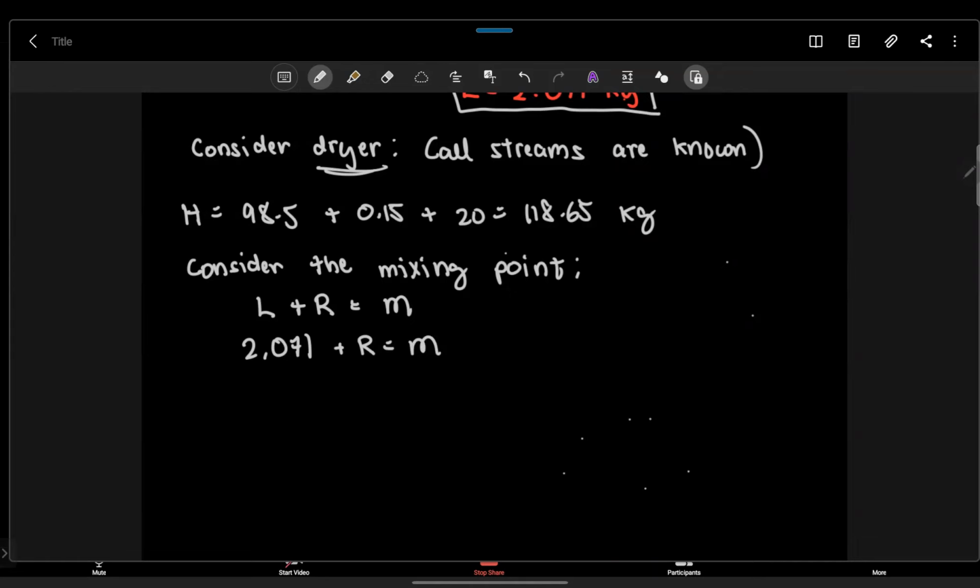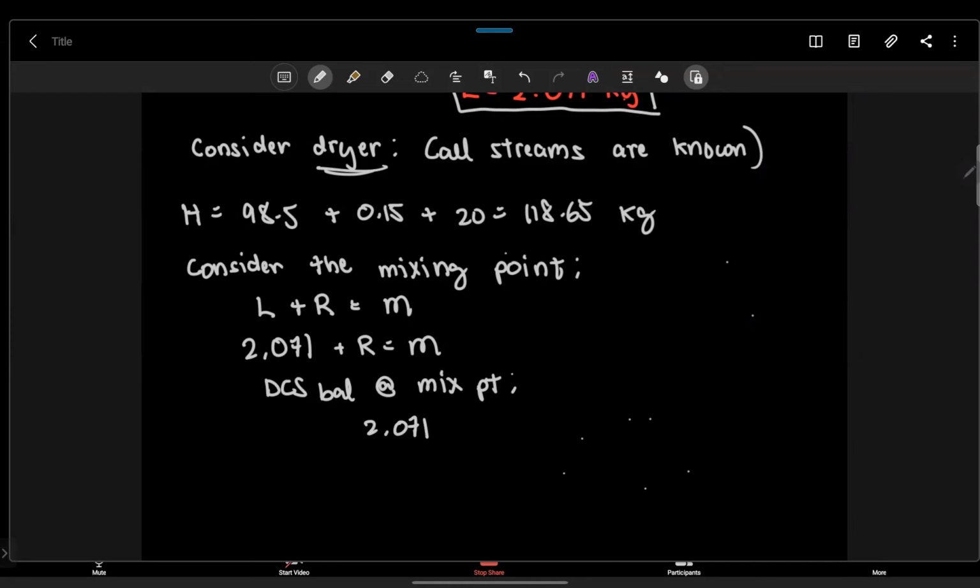Now, what if I perform a DCS balance at the mixing point? Now, ilan yung DCS sa L? Di 2.071 din.